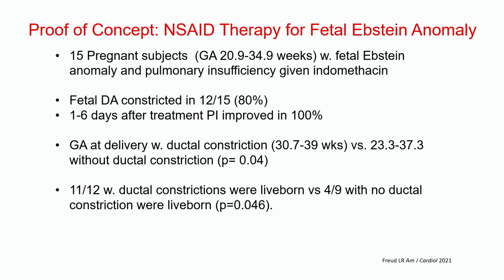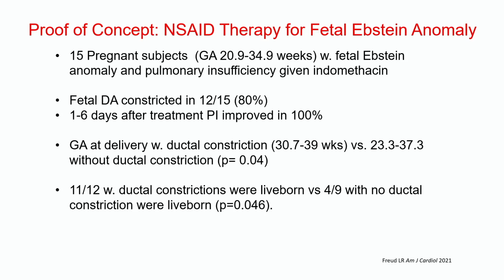All of them were treated with indomethacin, and that was a statistically significant p-value. 11 out of the 12 who had successful ductal constriction were live-born versus 4 out of 9 who didn't have ductal constriction. And again, a barely statistically significant result.